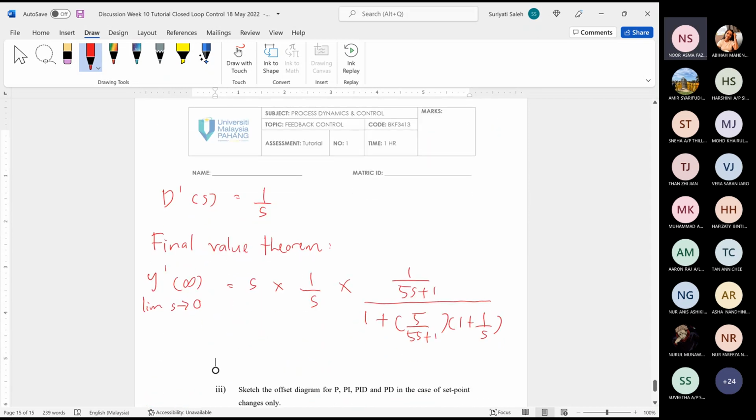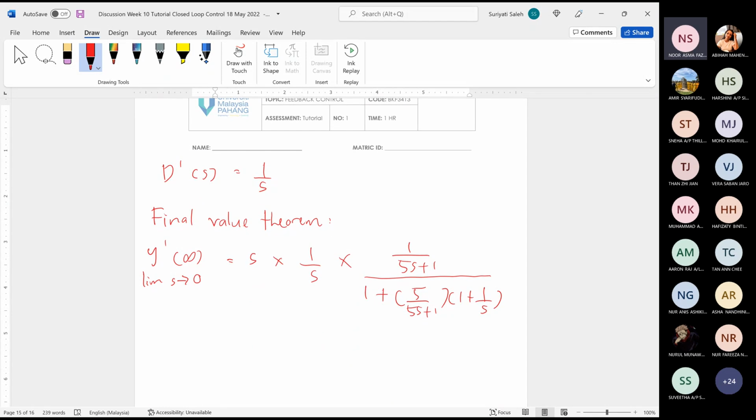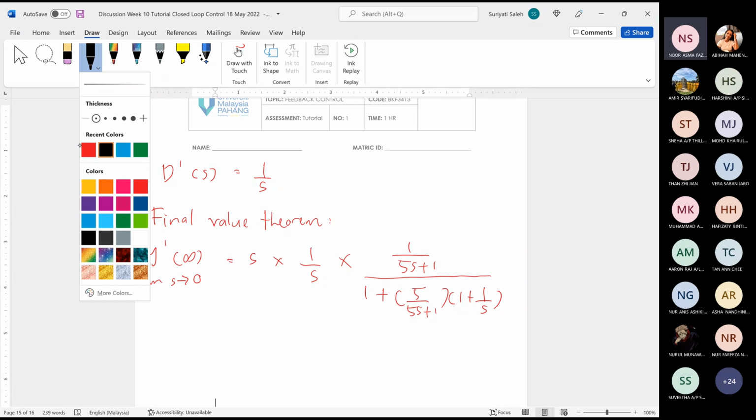This is the rearrangement of the y prime s equation, where now we adopt the final value theorem, with the limit s approaching 0 when time equals infinity.